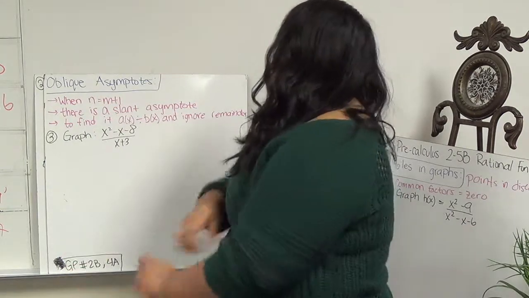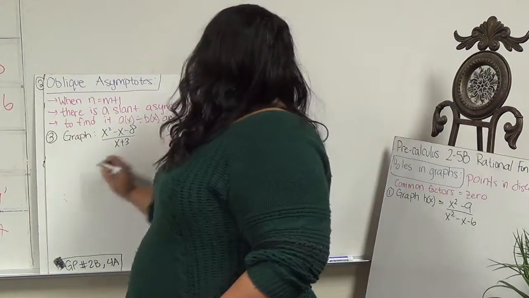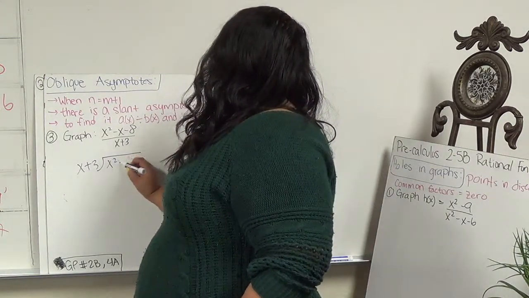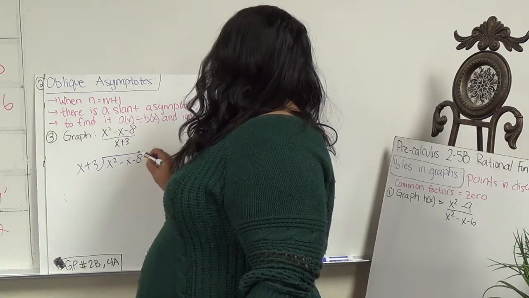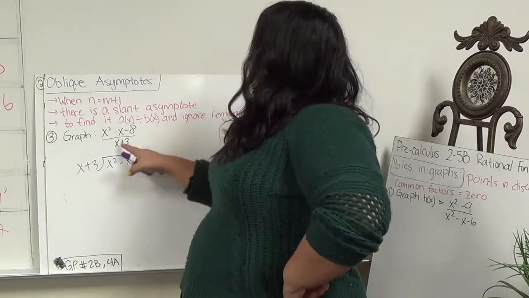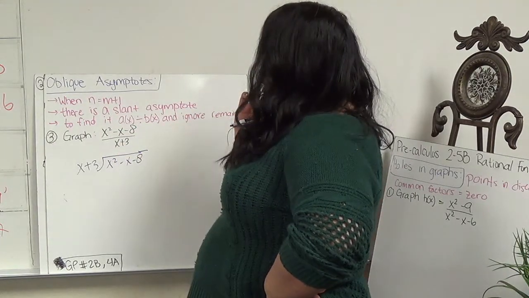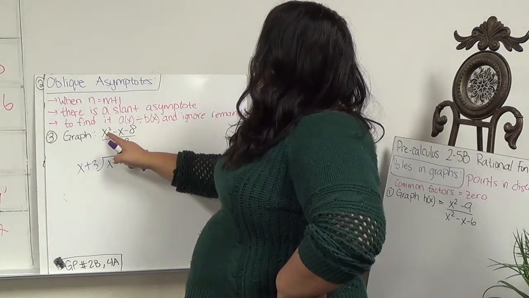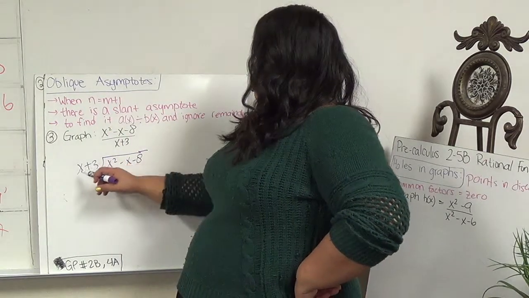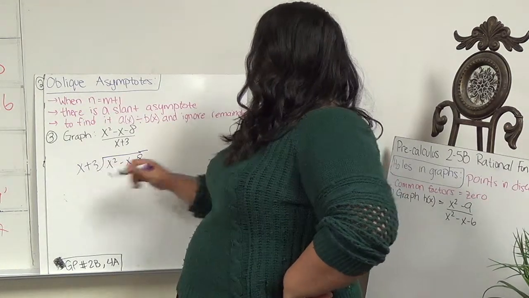So in this case, we would do x squared minus x minus 8 divided by x plus 3 to find the slant asymptote, because this is 2 and this is 1. So that means our m is one bigger than our n. So if I divide here, we have x plus 3.